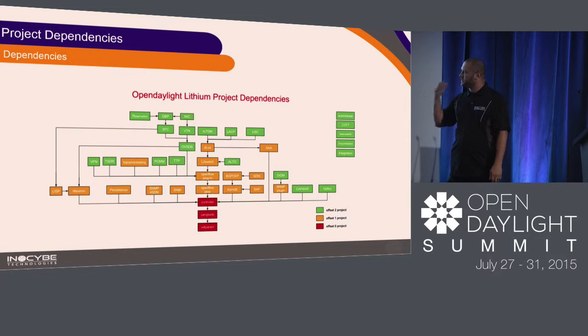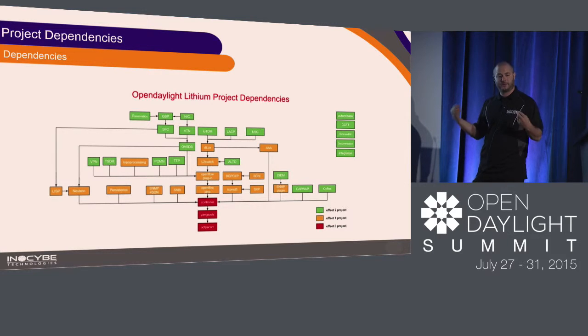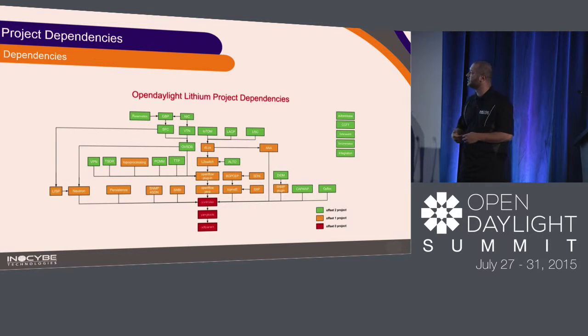Alto is a traffic engineering project. LACP is, of course, link aggregation, so the support of link aggregation. IOTDM is for Internet of Things. USC is a unified secure channel, allows you to bootstrap in a secure way with your devices.